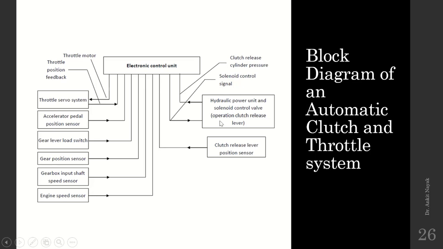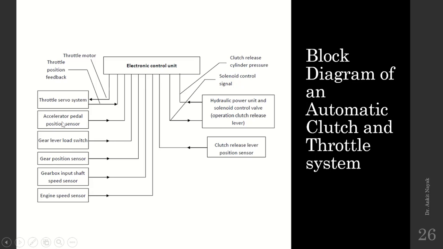This entire system is connected with the electronic control unit. This will supply some control variables or parameters to the throttle servo system. But it requires some input parameters according to which this electronic control system will set the output parameters.